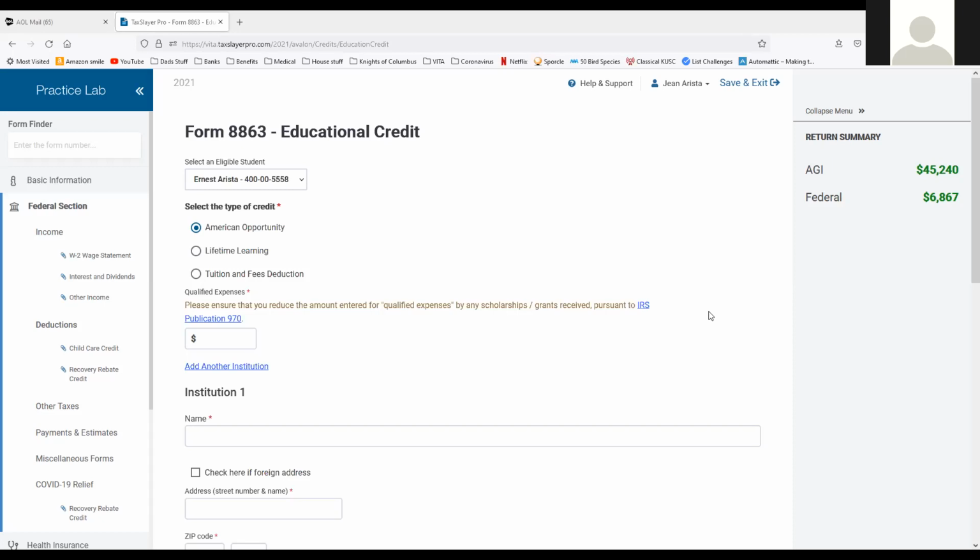Then I would look to see if there are any scholarships or even Pell Grants, which are usually reported in box 5. So I would take the difference between the two: the tuition of $4,500 less the scholarship. The balance would be what you report on the tax return.